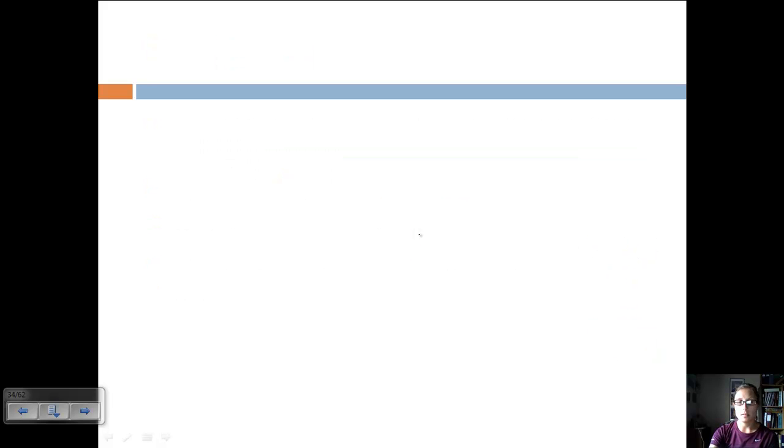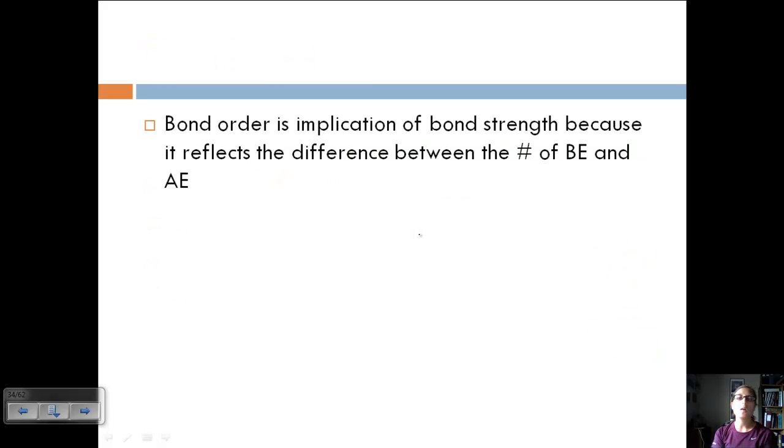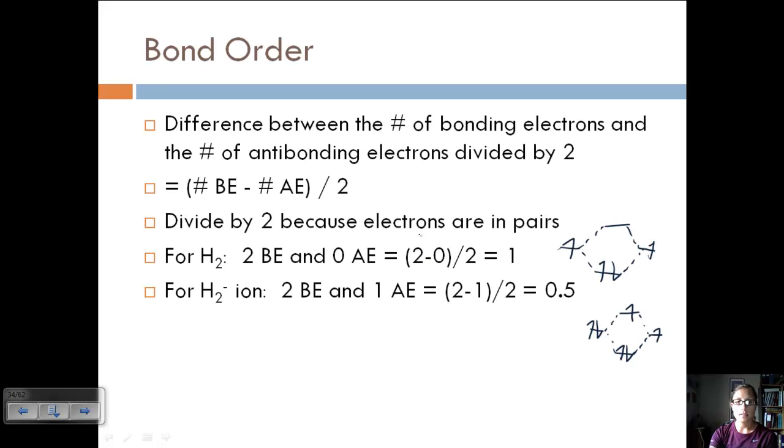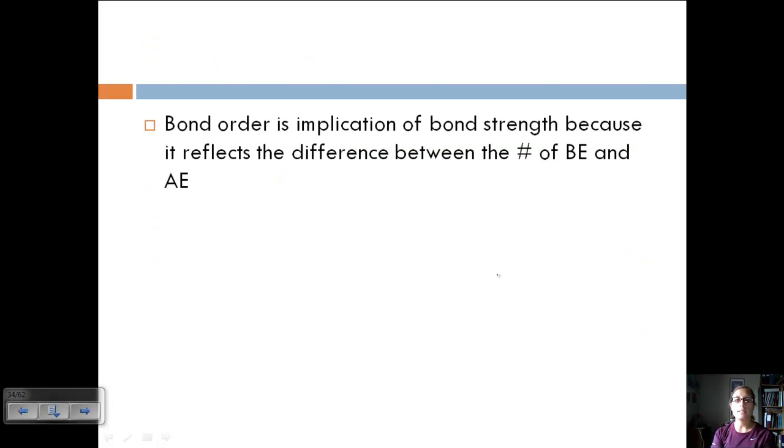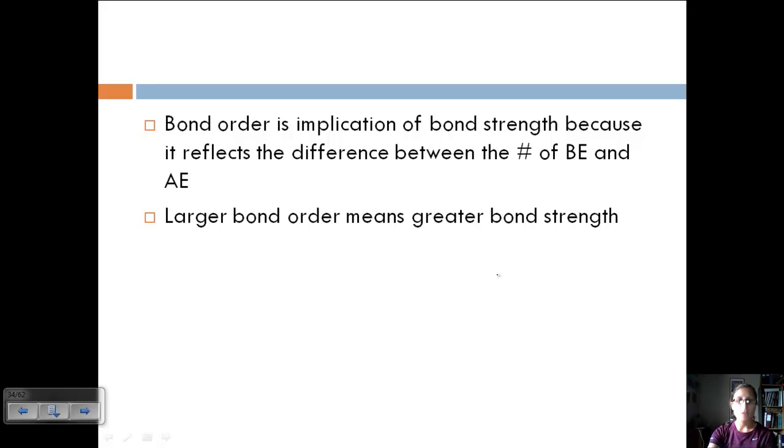So we've got a smaller bond order for the H2- ion than we do for the H2 neutral molecule. So bond order is an implication of bond strength because it reflects the difference between the number of bonded electrons and anti-bonded electrons. So a larger bond order means a greater strength. And so for our example, this would be H2 because it had a bond order of 1, whereas the H2- ion had a bond order of 0.5.